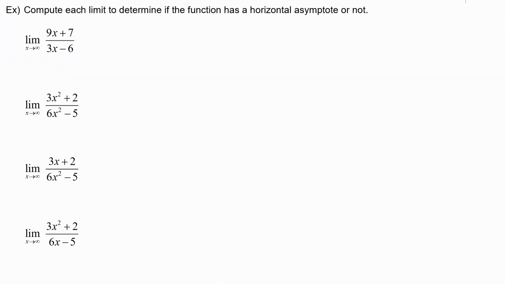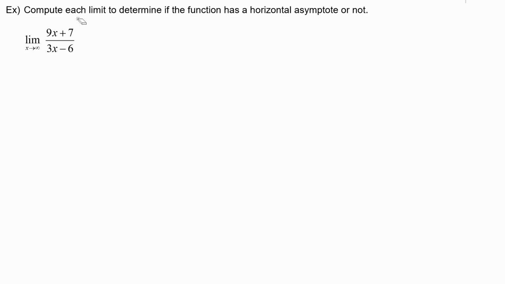In this example, we have to compute each limit to determine if the function has a horizontal asymptote or not. So looking at this first limit, we see we have the limit as x goes to infinity of the quantity 9x plus 7 over the quantity 3x minus 6.